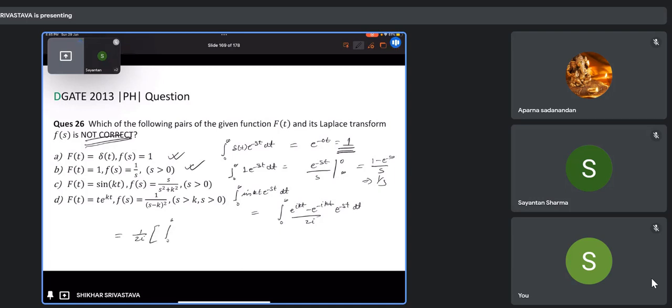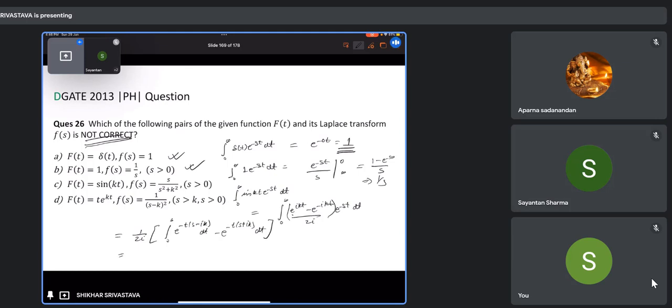It is easy to solve, not difficult. Exponential minus t times s minus ik, minus exponential minus t times s plus ik, dt. So just multiply this with this, and now you can easily integrate this.